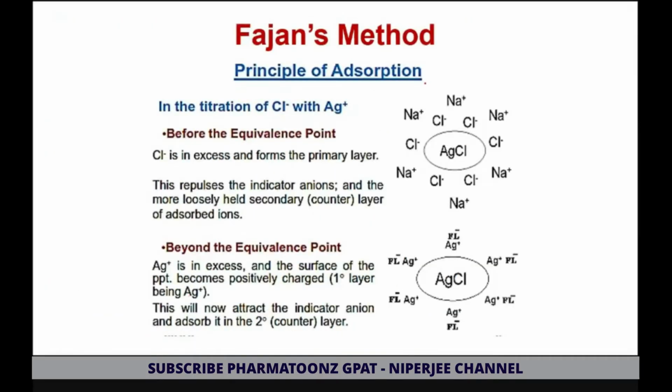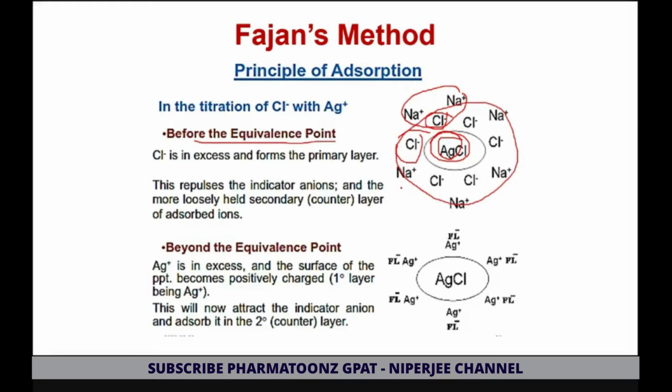In Fajans method, what happens? Before the equivalence point, whatever chloride is there in the sample, specifically we are using sodium chloride as a sample, reacts with the Ag plus and AgCl is formed. Now no further chloride is available in this sample, so this is called the adsorption method.